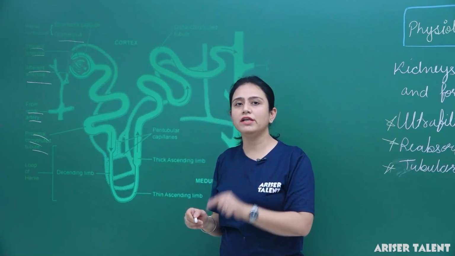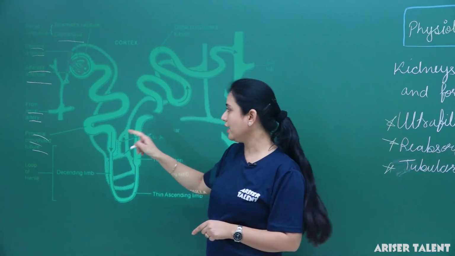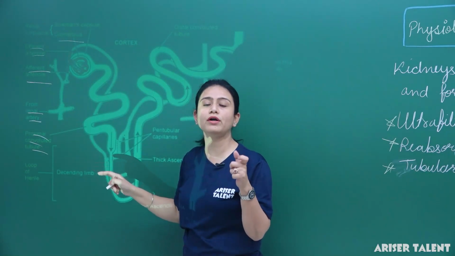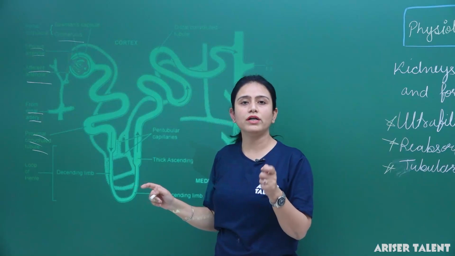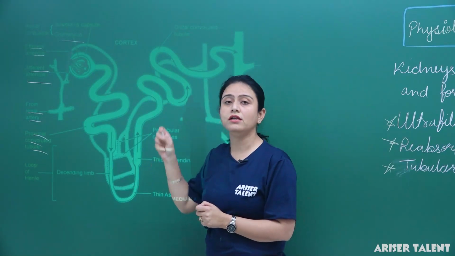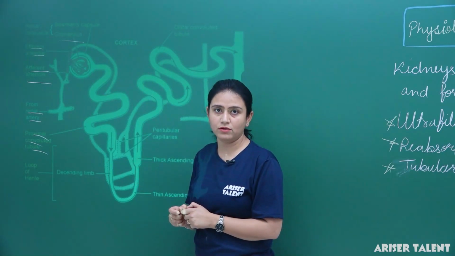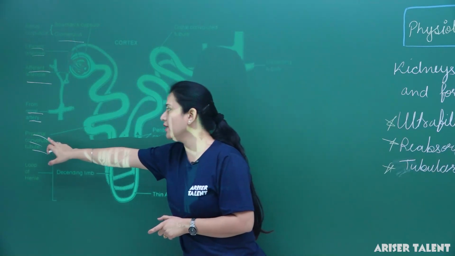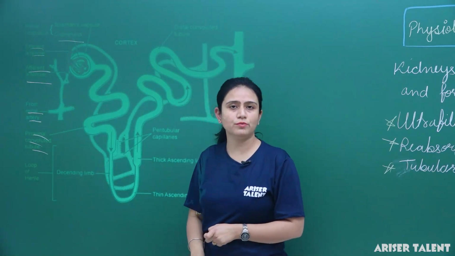When the blood reaches the renal tubule, the important minerals and whatever essential substances were there in the blood are absorbed here in the proximal convoluted tubule.